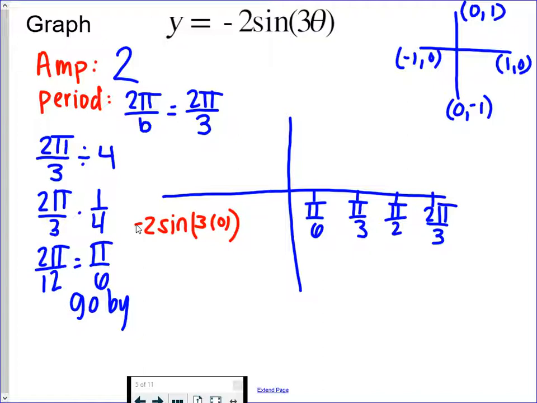Well, 3 times 0 is just 0. So what is sine at 0? Again, if it helps, underline your y's. You get 0. And 0 times -2 is just 0. So I stay there.